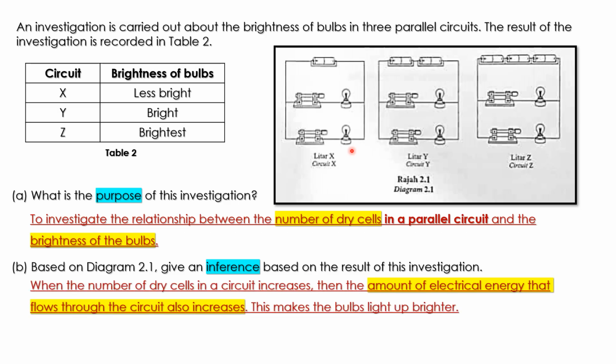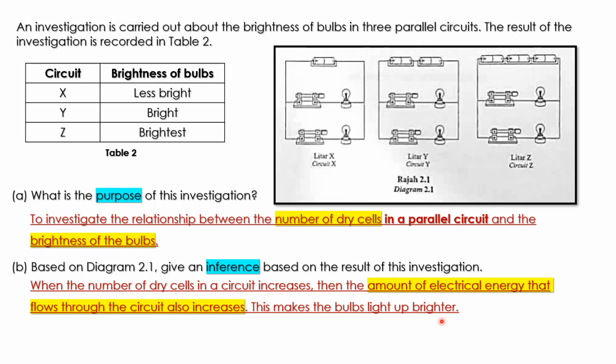So what we have to write is, when the number of dry cells in a circuit increases, and here I put only "in a circuit", I did not put parallel circuit, because this is true for any circuit for that matter, right? When you add the number of dry cells in a circuit, then the amount of electrical energy that flows through the circuit will also increase, and this will make the bulbs light up brighter.